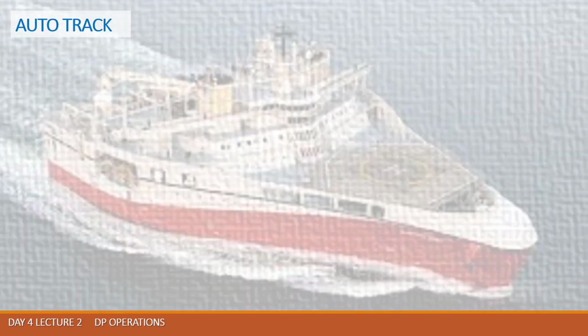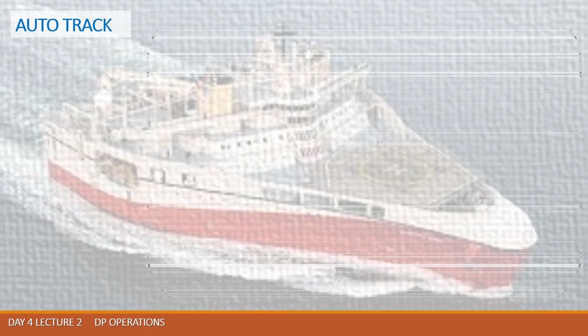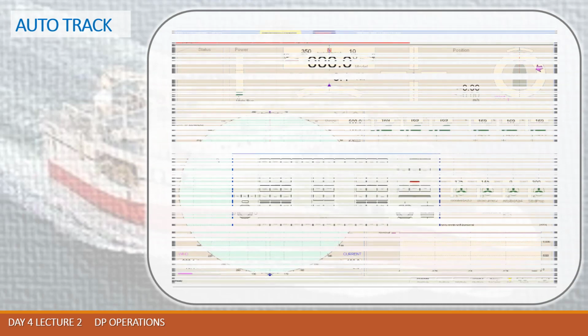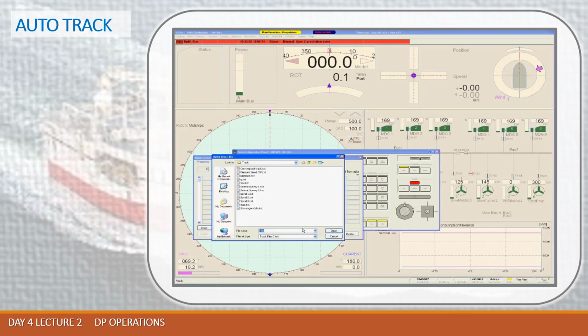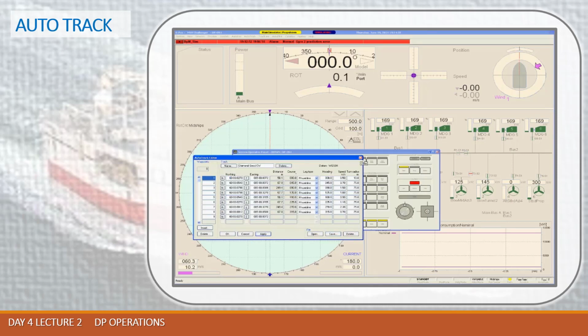Now we are going to overview the auto track menu in KPOS 7, and as an example we are using an already predefined track. The track repeats the shape of a diamond, so we call it a diamond track. First we open the auto track editor menu and try to open the needed diamond-shaped track.